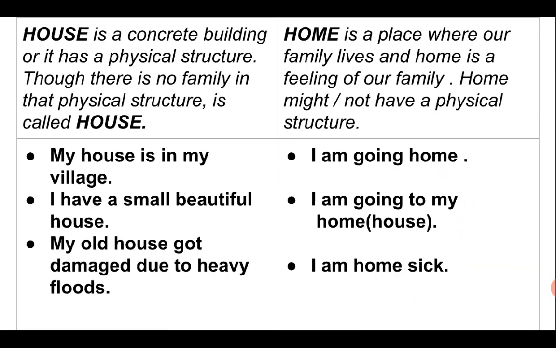And I'm going to my home: my home means it's a place and the building has a physical structure, and there might be his family, might not be his family. Therefore, we say I'm going to my house. I'm going to my house is nothing but I'm going to my home, right? Let's look at the third example.